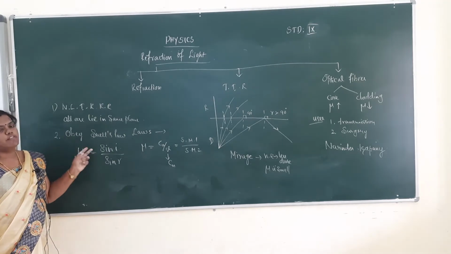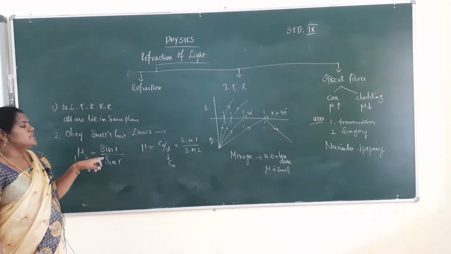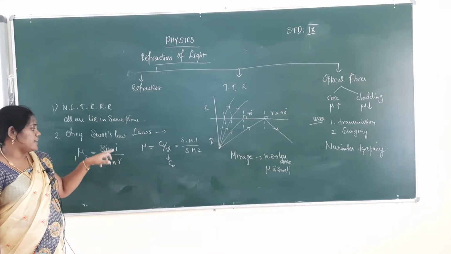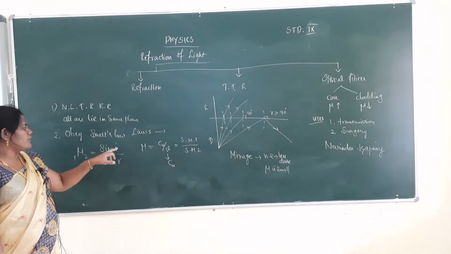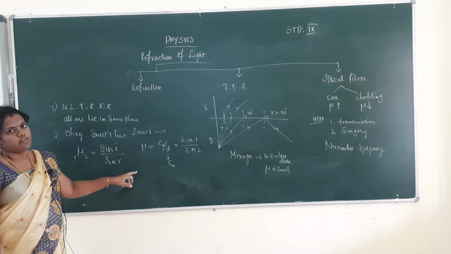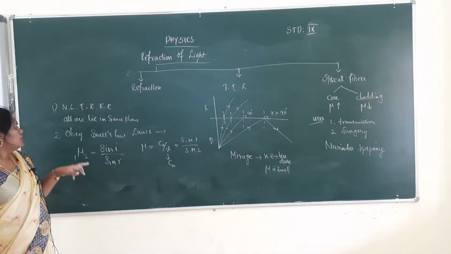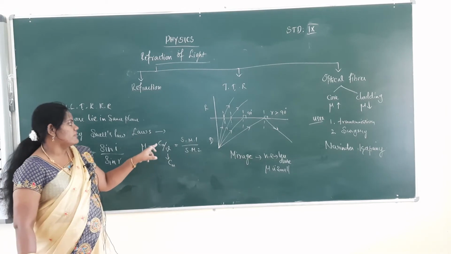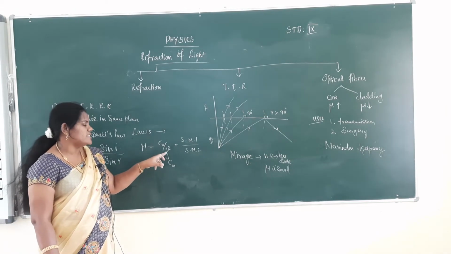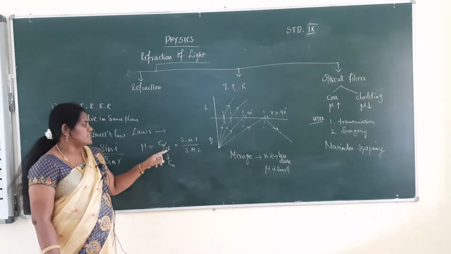Second: refraction of light obeys Snell's law, mu is equal to the ratio of sine of the angle of incidence to sine of the angle of refraction, mu is equal to sin i by sin r. Then the refractive index mu is equal to the ratio of velocity of light in air to velocity of light in the medium.